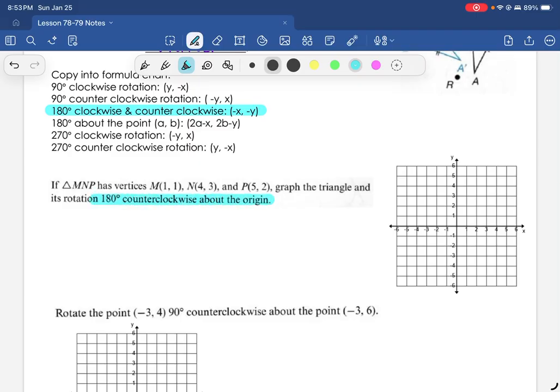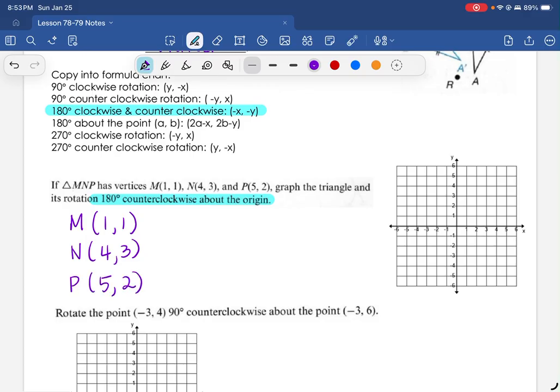Let's also graph the original just so you can see and visualize. That's the original image, so we're not going to have a prime there. So that's just M. And then for P, that's at 5, 2.